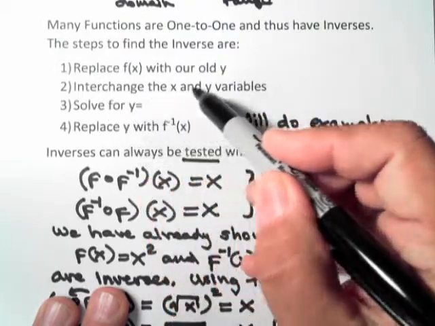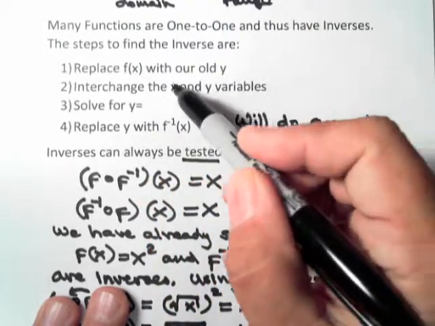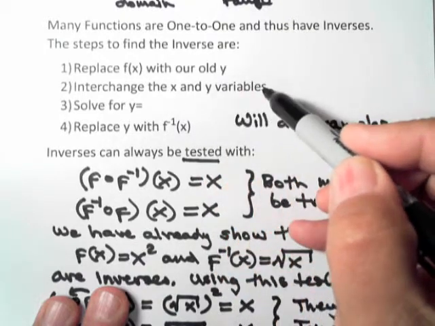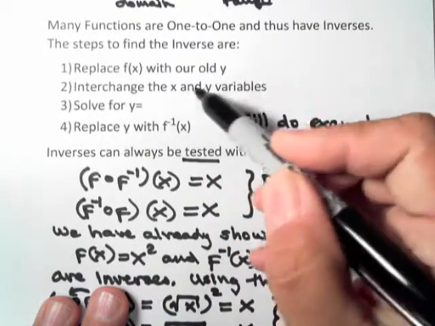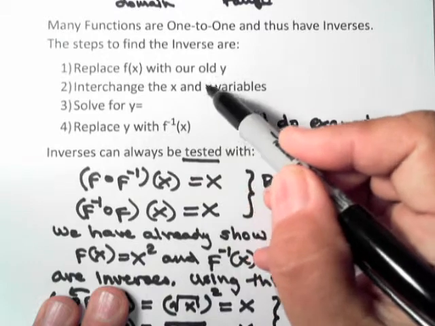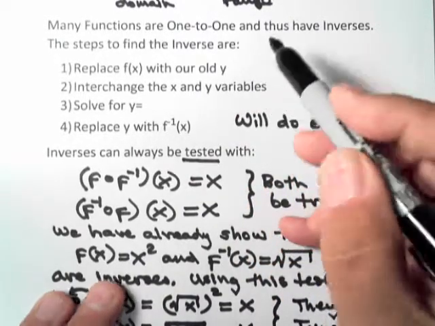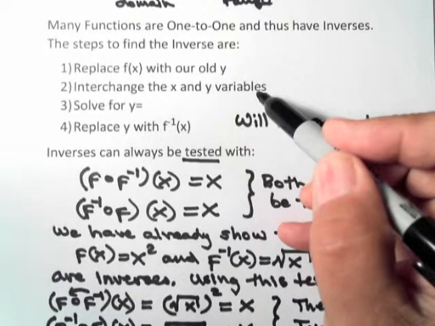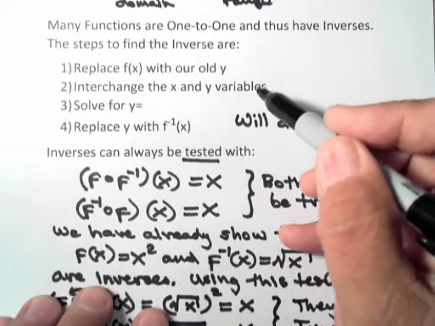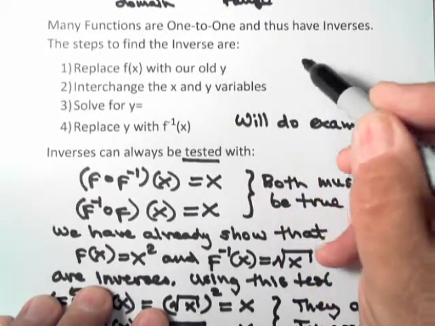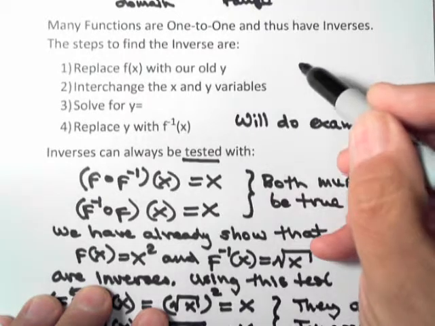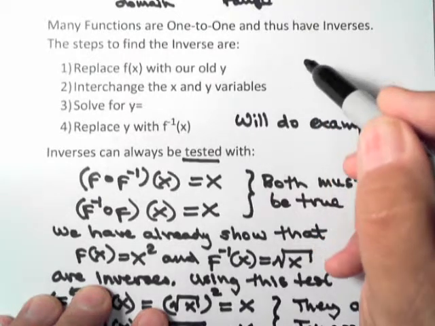But here's the real thing that's going on here. Interchange the x and y variables. In other words, where you see x, write y. Where you see y, write x. Now, what this does is it maintains the operations we use, like in T charts and tables and stuff like that.